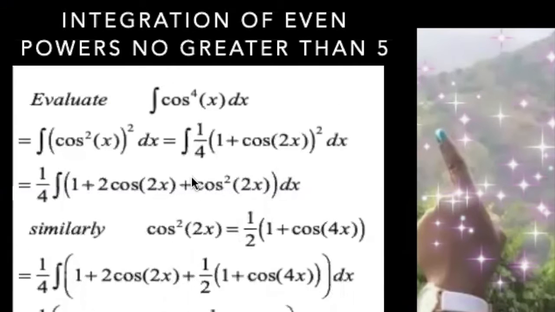So replacing the cos square 2x with what I have here, we arrive at a quarter integral 1 plus 2 cos 2x plus a half, open bracket, 1 plus cos 4x. Now, I need to show you what's happening here.